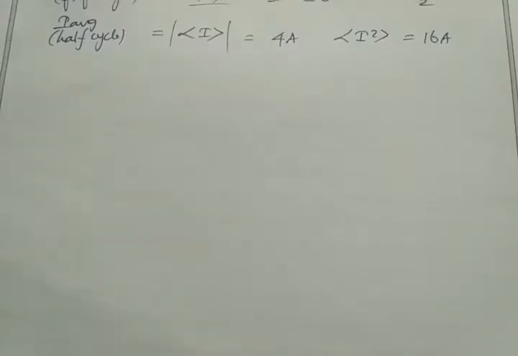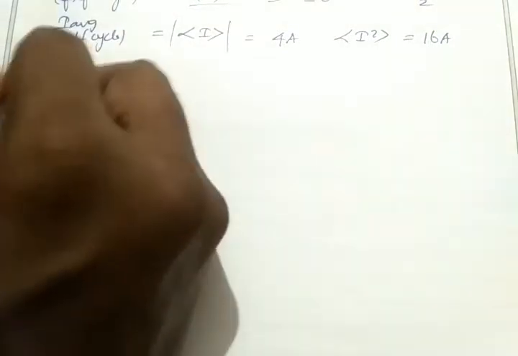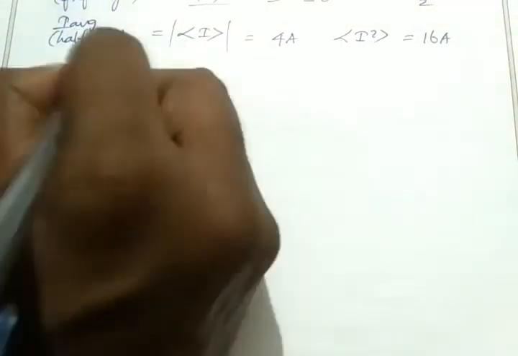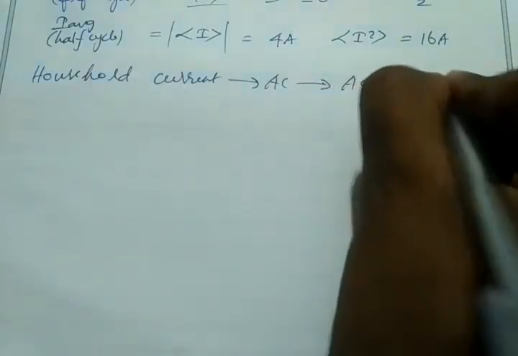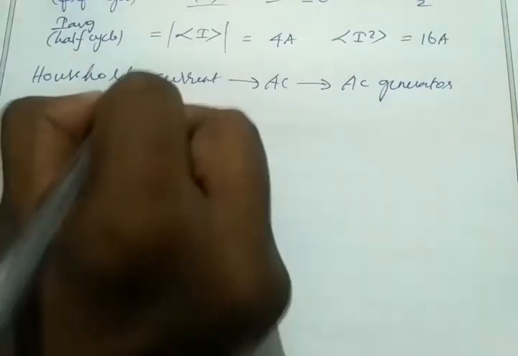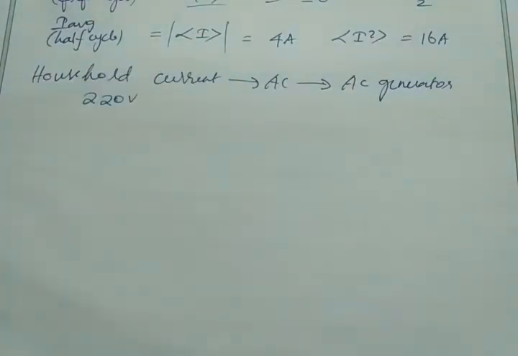For our household purpose, we have current somewhat like a 220 AC supply. For household current, we have AC current only for our house, which is produced from an AC generator, and the value will be 220 volts.